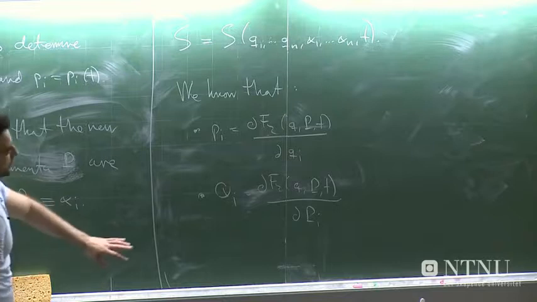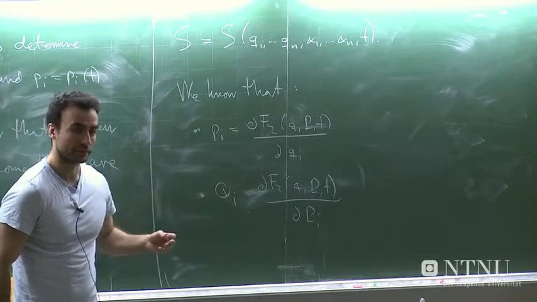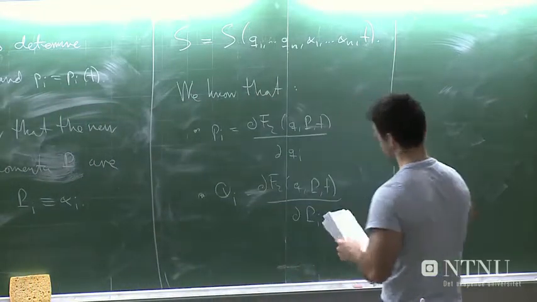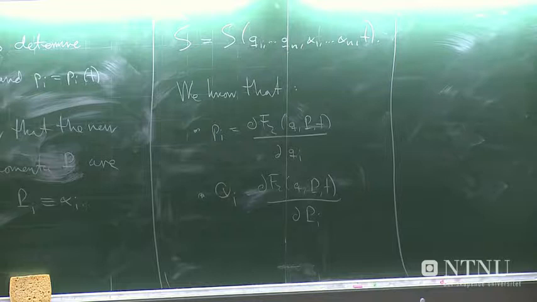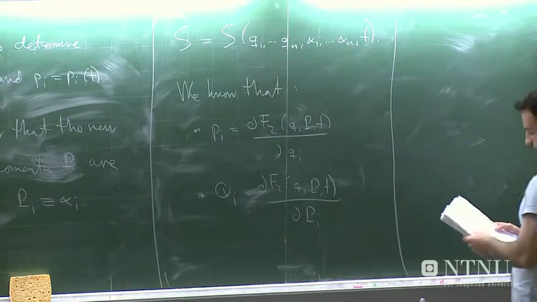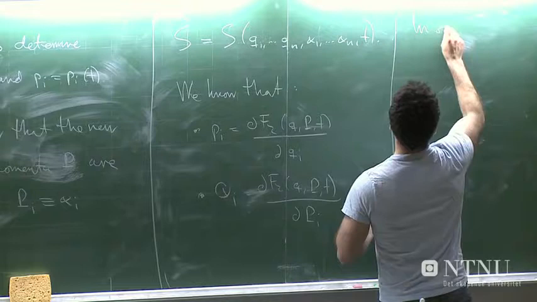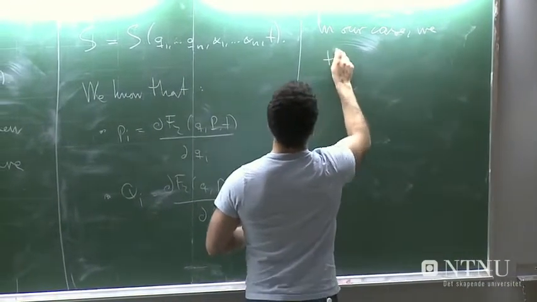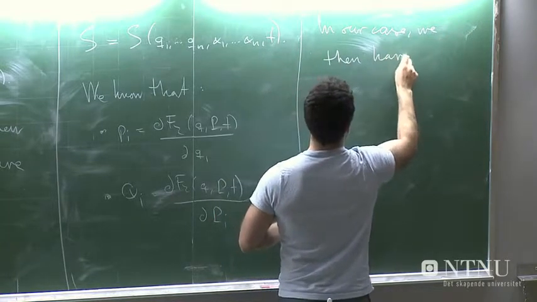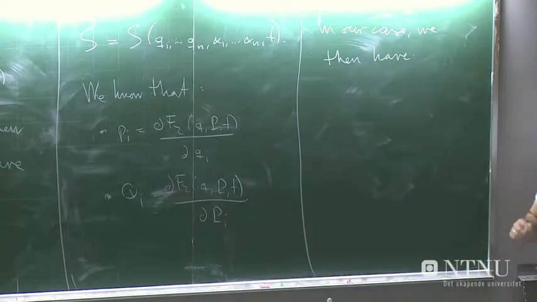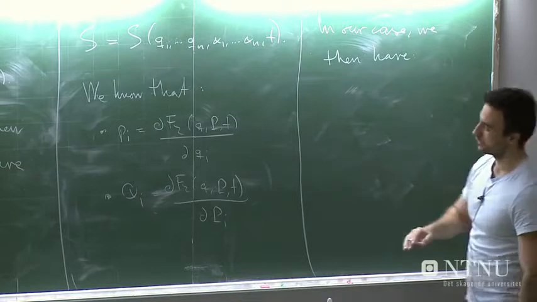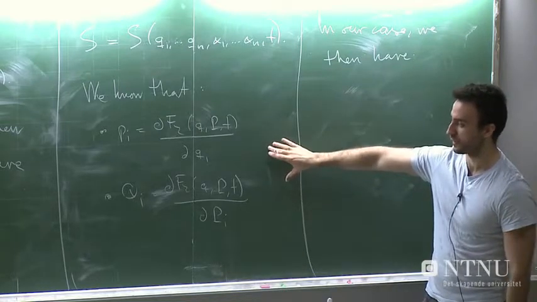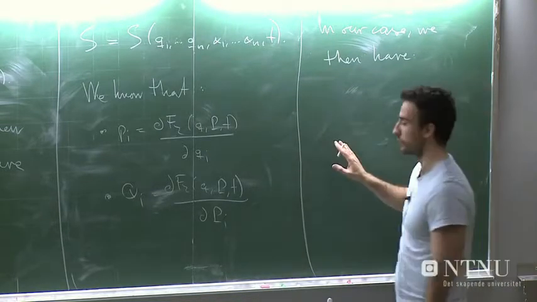And the defining equations for the canonical transformation for F2 look like this. In our case, where the large Q and the large P are constants, these defining equations take the following form.